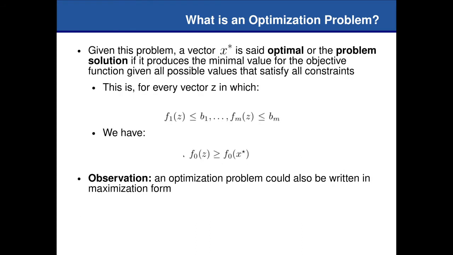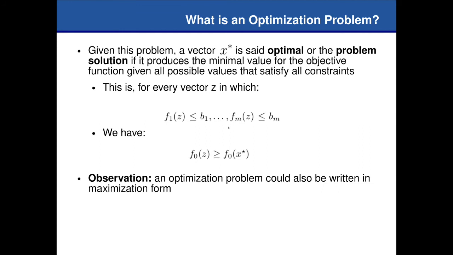Going to the next, consider we were given a vector x star. This is assumed to be the optimal solution for our problem. This optimal is the set of values for which the vector x provides the best possible solution.